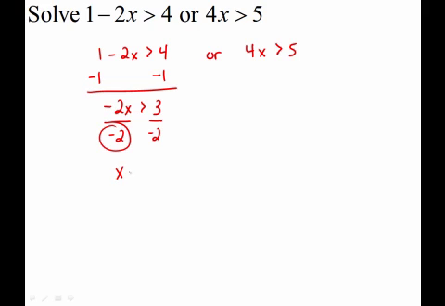So therefore, x is going to be less than -3/2. Okay, that's really important, because if you don't do that, then obviously it's going to mess up the graph, and you'll get the answer wrong. This side, there's nothing fancy going on, just divide both sides by 4. So x is greater than 5/4.